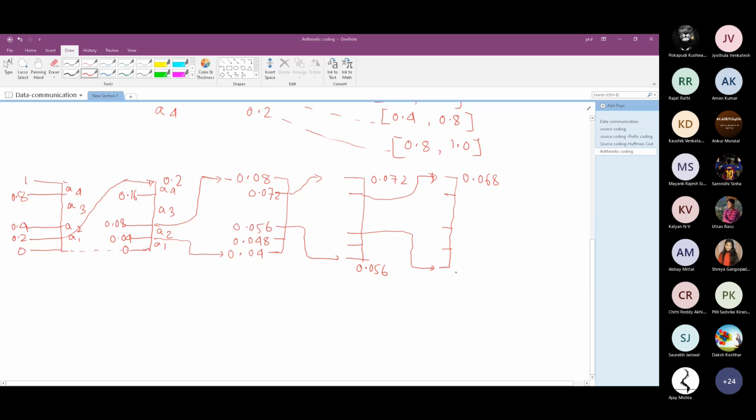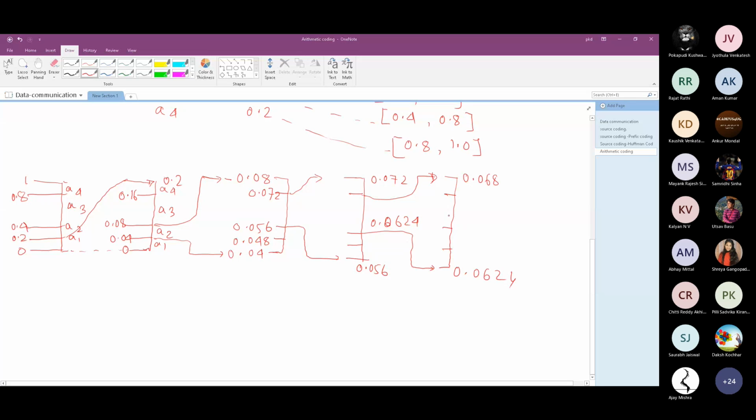This becomes 0.006. So the last interval would be 0.068 to 0.072.